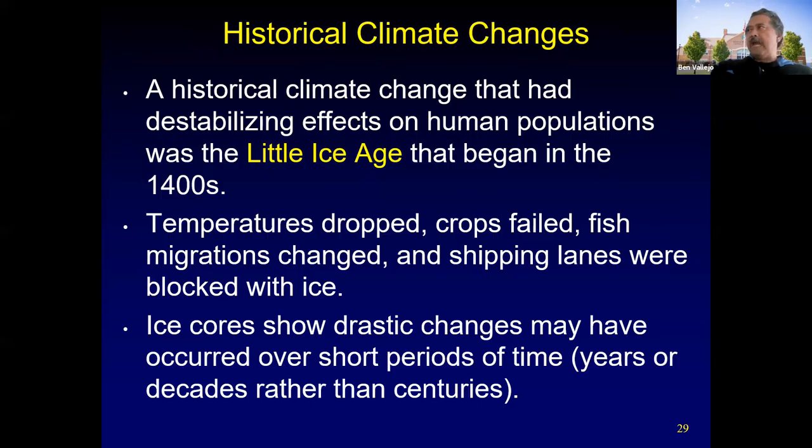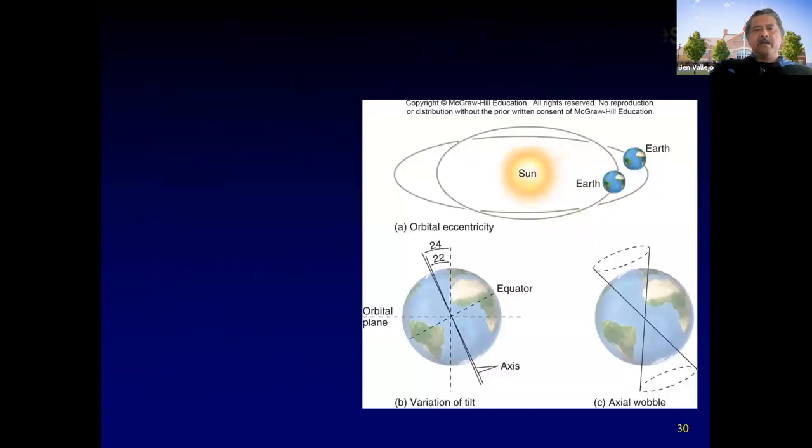It could be a few decades long. It could even be shorter than that. But we sometimes think about, oh, well, the climate 2 million years ago was such and such, and it must have lasted for another million years. Well, the information we have from ice cores says no, it could change pretty quickly for a much shorter amount of time.